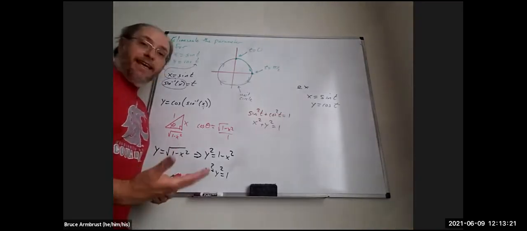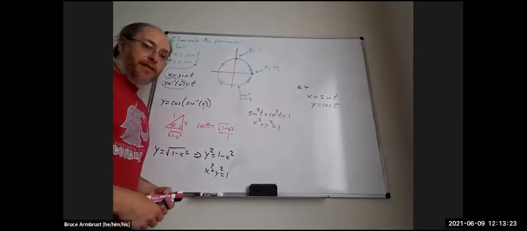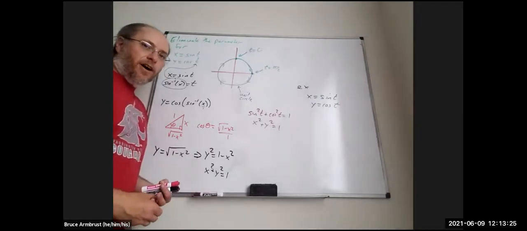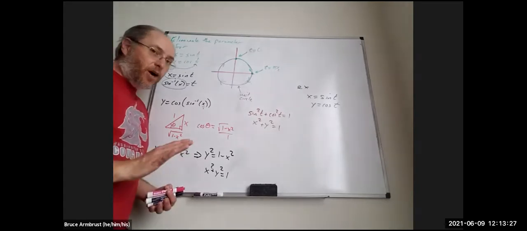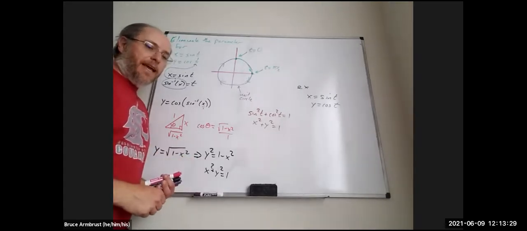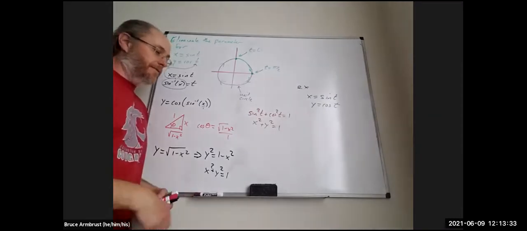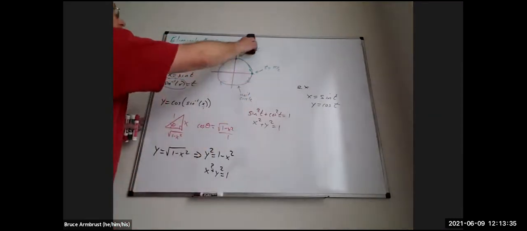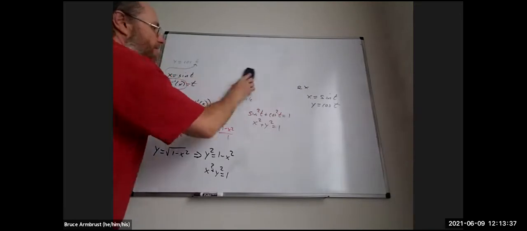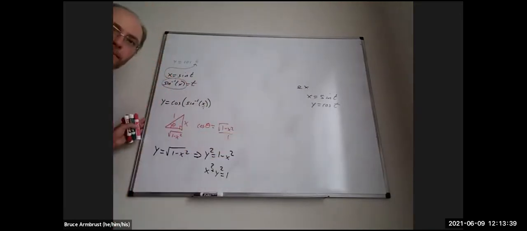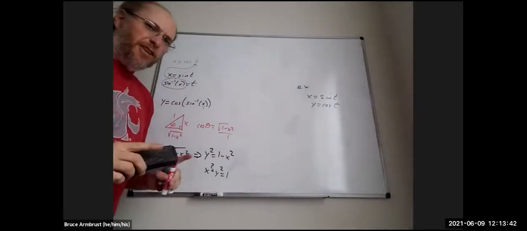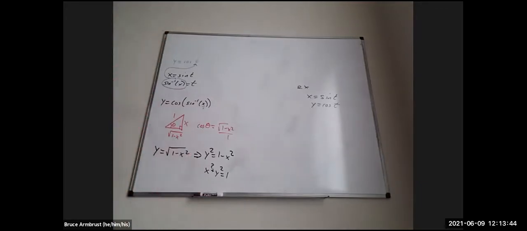Given a function or an equation in rectangular form, you can always make a parametric set for it. So let me show you how we can go the other direction, and then I'm going to hop onto the computer and show you how you can use technology to help you graph them.